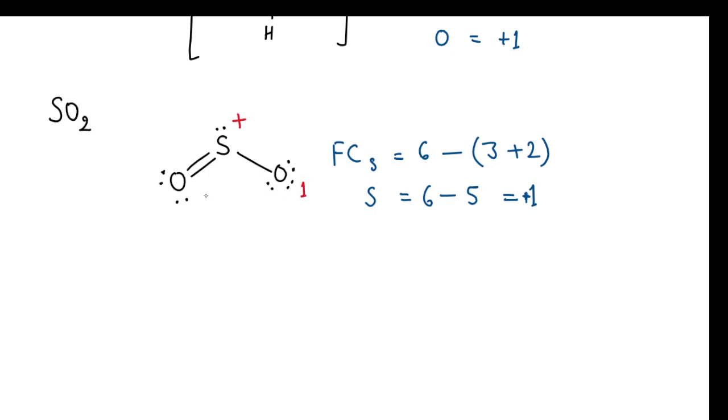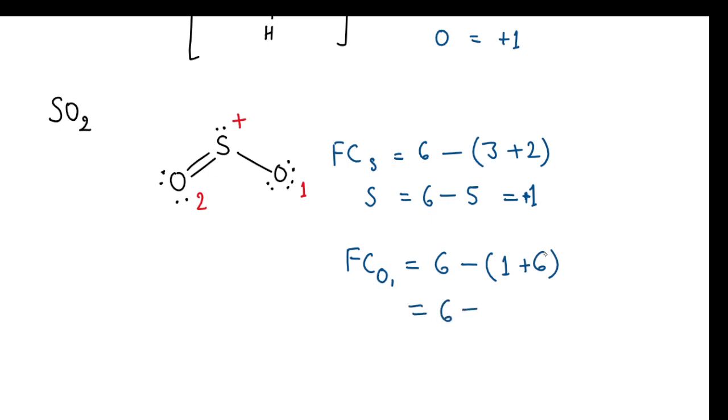Now calculate the formal charge for this oxygen atom. This is oxygen atom number 1, this is oxygen atom number 2. So the formal charge for oxygen 1 is equal to the number of valence electrons of oxygen, 6, minus the number of bonds, only 1, plus the number of non-bonded electrons, 1, 2, 3, 4, 5, 6.